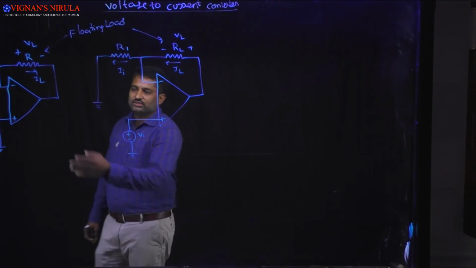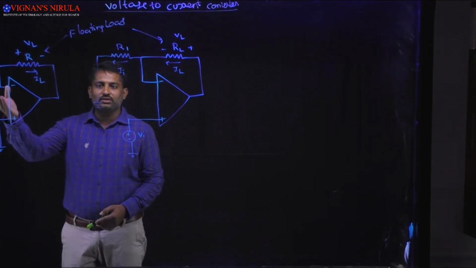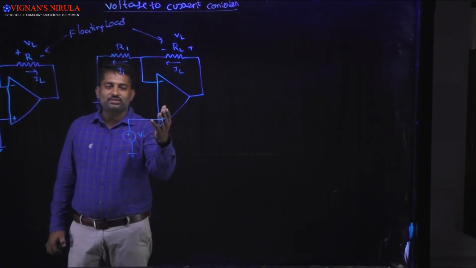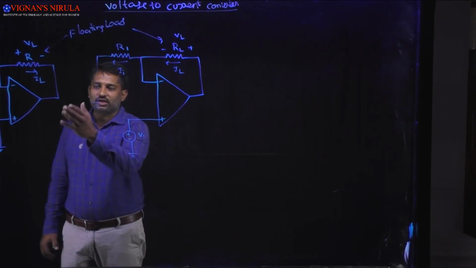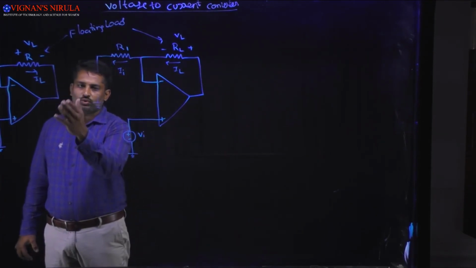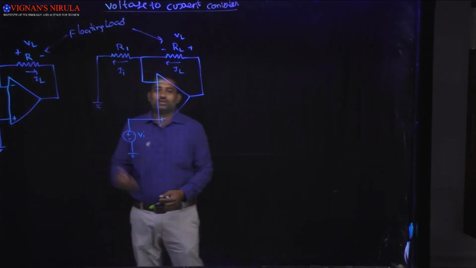Here, if you consider these two circuits, one is an inverting op-amp and the other is a non-inverting op-amp. In both cases, we are not connecting the load to ground. That's why we call it the floating type.